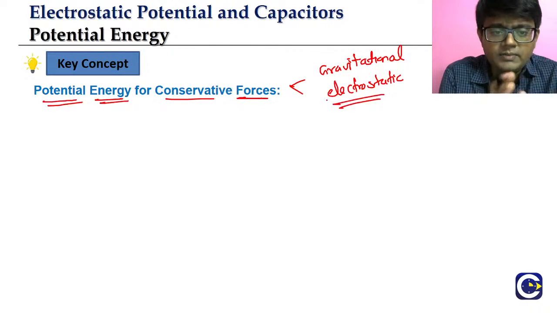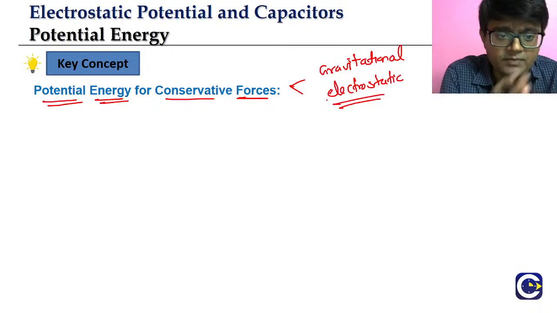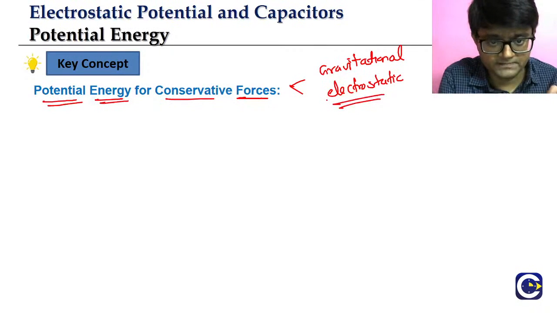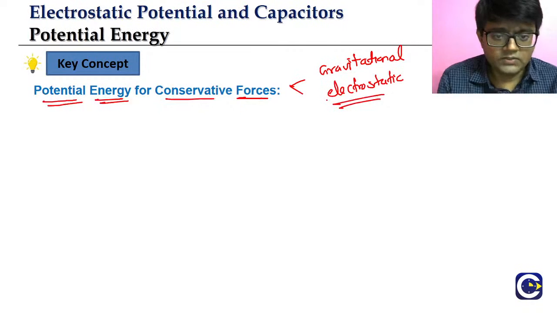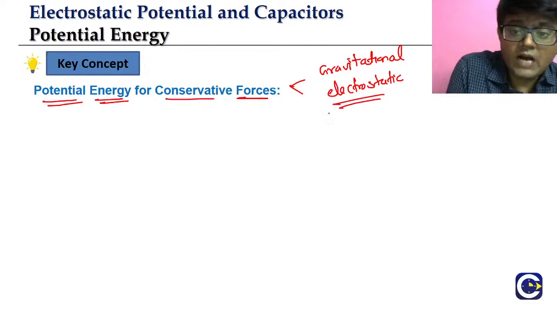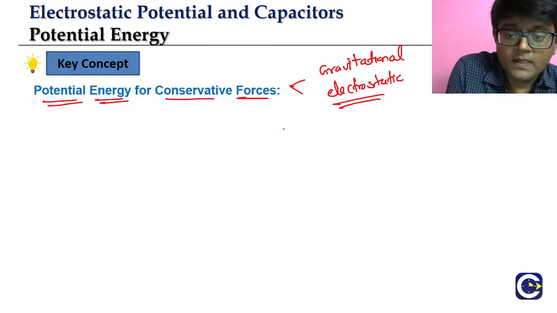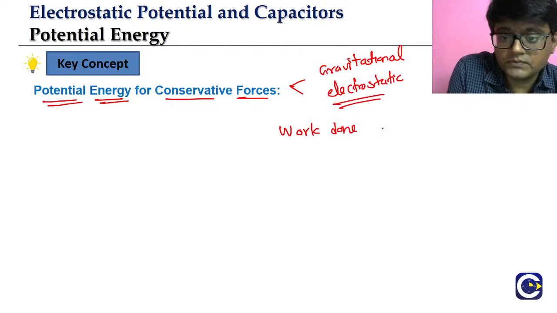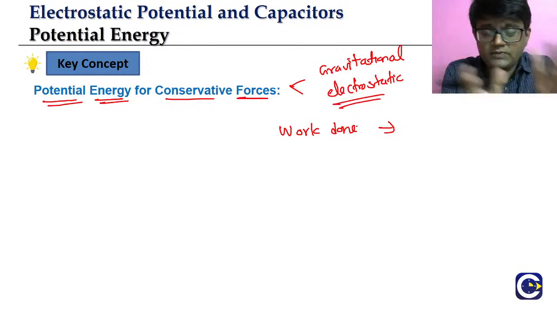For the conservative forces, we will define the concept of potential energy. How will the potential energy concept be defined for the conservative forces? First, what is a conservative force? If you have forces, right, we look at the work done by the force. All forces will have work done, right?